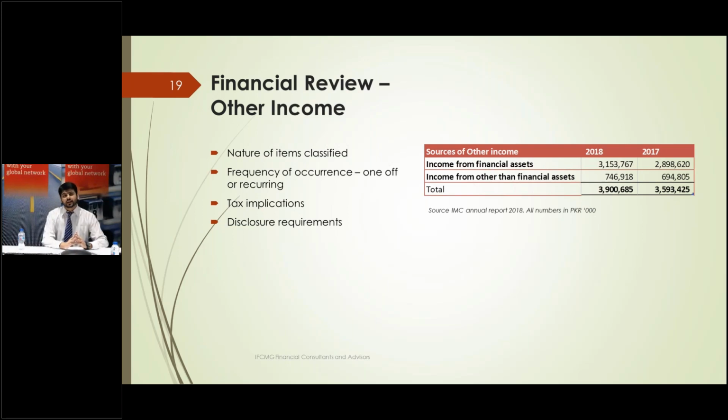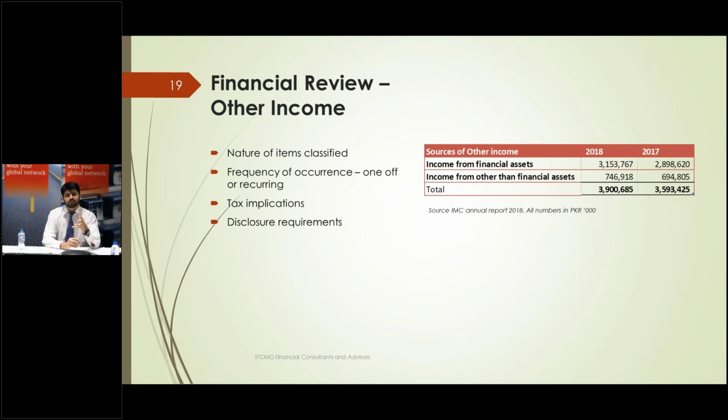And there are again tax implications, whether this other income is subject to the same tax as the company's profit or not. From an analysis perspective, we need to review the nature of the items classified, which is why, while the note is very detailed, I've summarized it here to just get the gist of the matter.